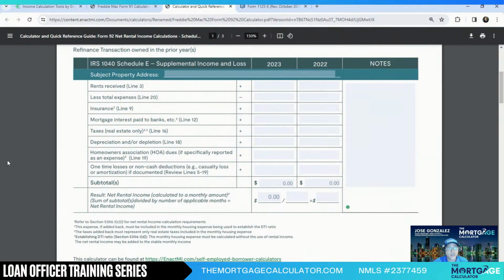Otherwise, if they're not escrowing for taxes and insurance, you do not put them here in the insurance and tax section. This is just for stuff already getting paid for, that's getting added back, like tax and insurance, or depreciation, that's a paper loss, or mortgage interest, which you pay in the monthly payment. So we're not going to count that twice.